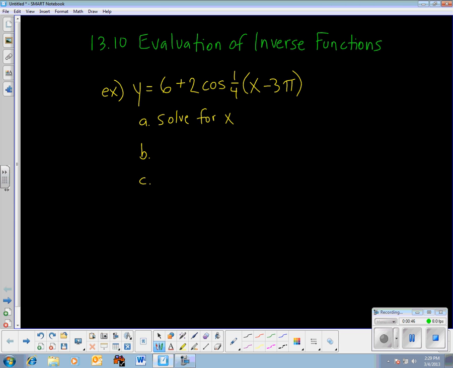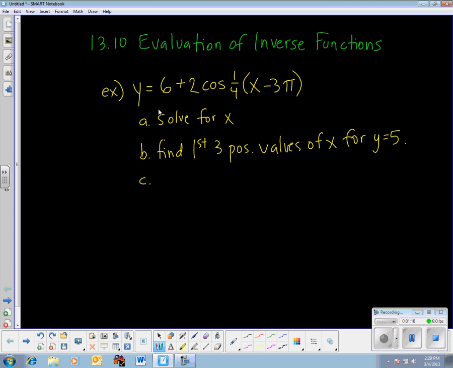The next thing is going to be to find the first three positive values of x for y equals 5. Meaning we're going to plug in y equals 5 and figure out some of the values of x.